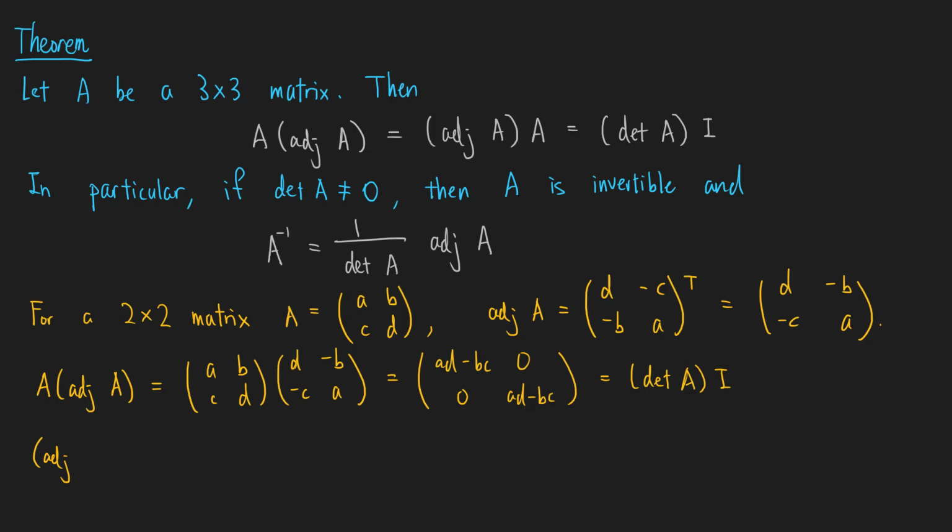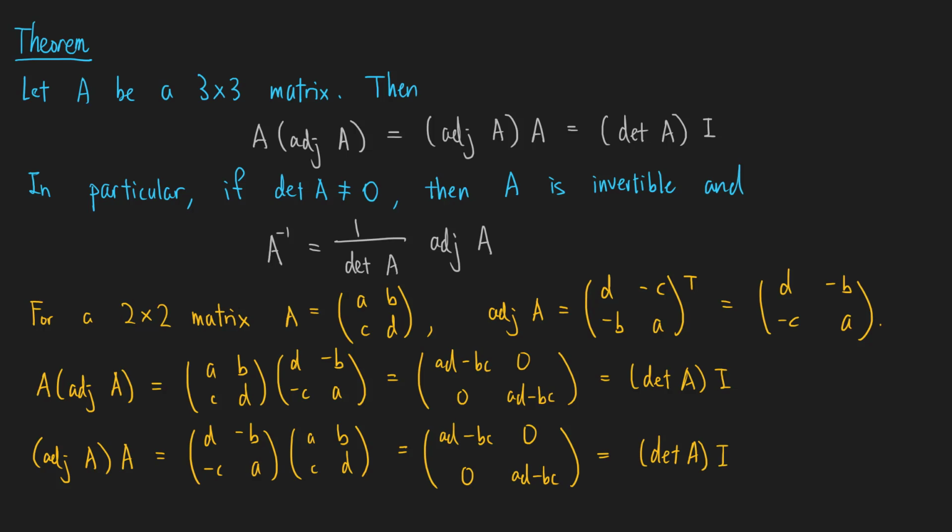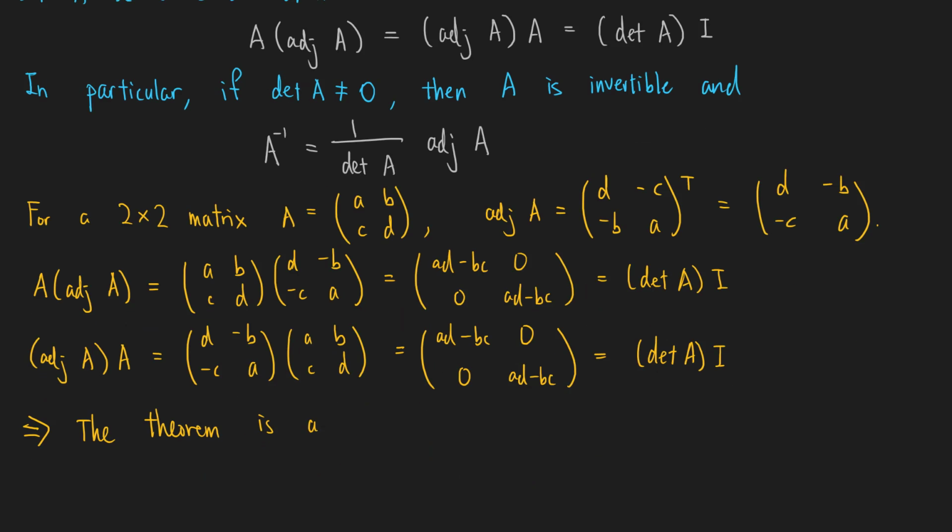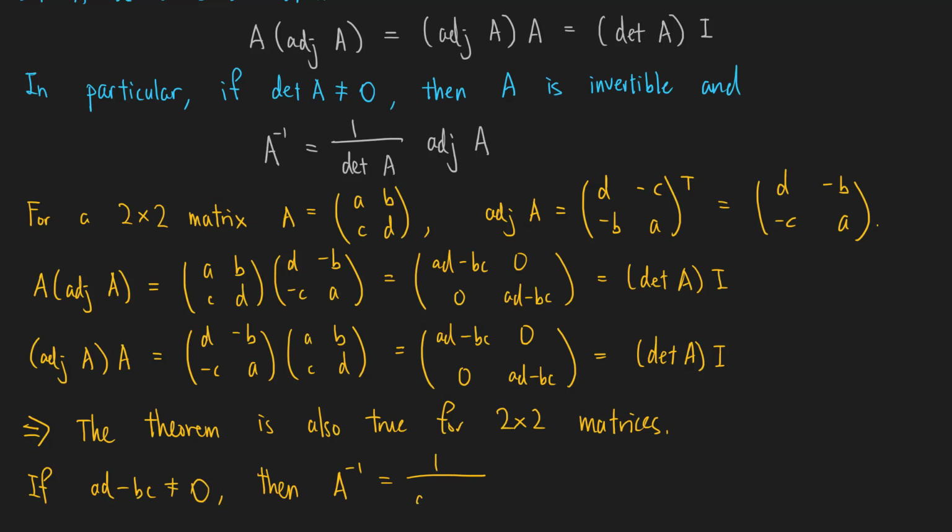Similarly, the adjugate of A times A is also equal to the determinant of A times the identity matrix. So the theorem is also true for 2 by 2 matrices. So if ad - bc is non-zero, then the inverse of A is 1 over ad - bc times the matrix d, -b, -c, a, as before.